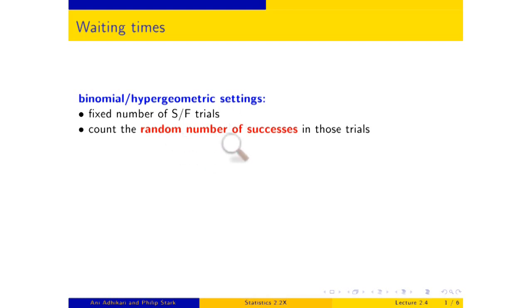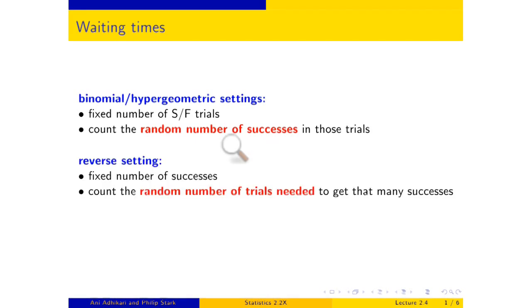What we're going to do now is we're going to turn this around. We're going to say, I am going to keep sampling until I get 5 successes. So what's fixed there? It's my 5. I preordained it. I am going to keep sampling until I hit that number that I want. And so now the number of successes is going to be fixed. And there is a random number of trials needed to get that many successes.